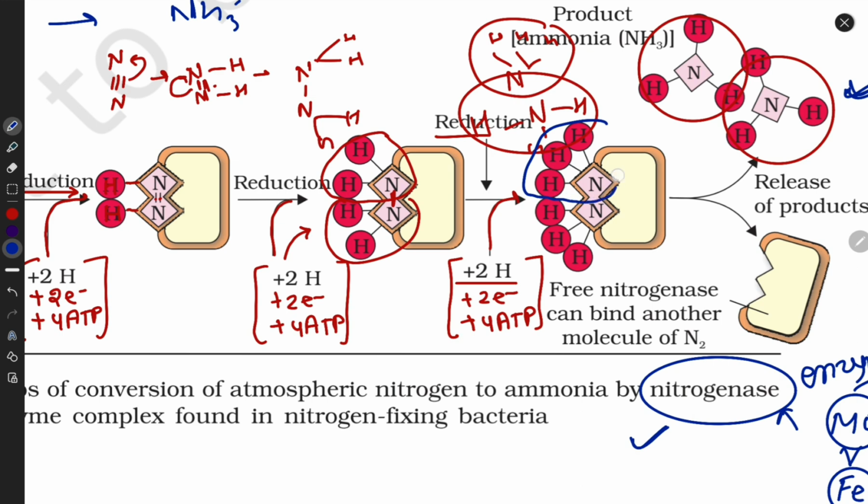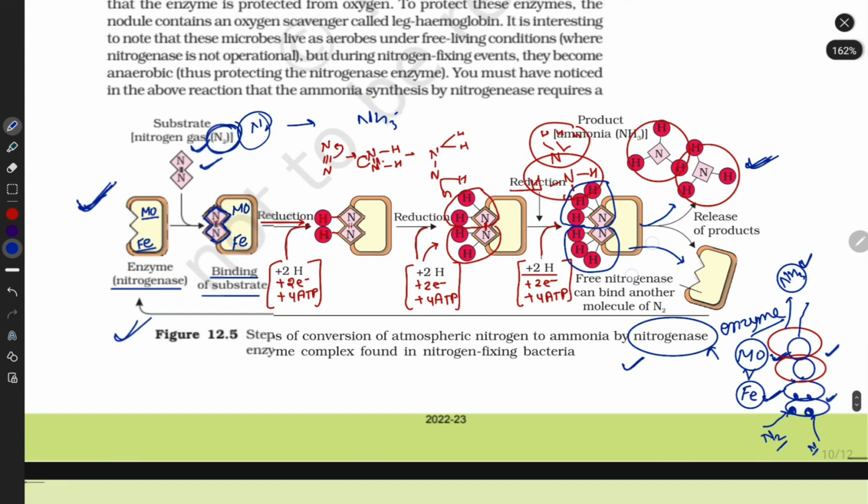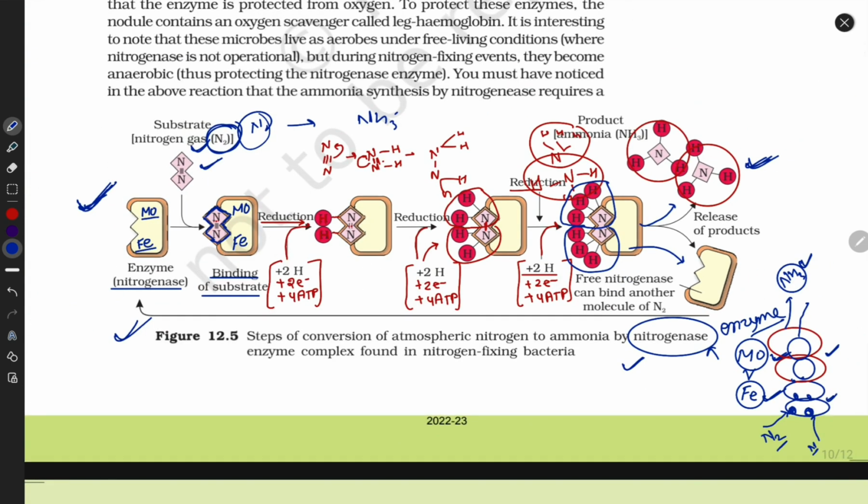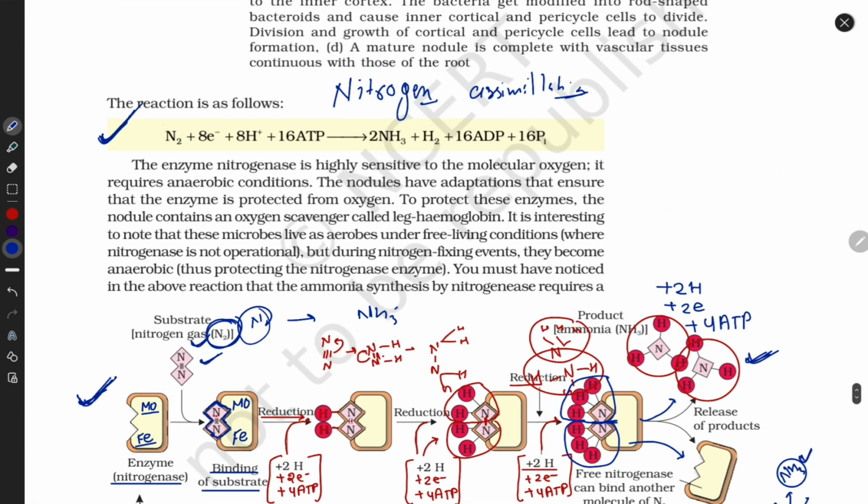After completion of its function, the enzyme will be removed and the product will be released. So this is the whole mechanism, guys. This bond also breaks, this joining also breaks, and it again needs this and this.